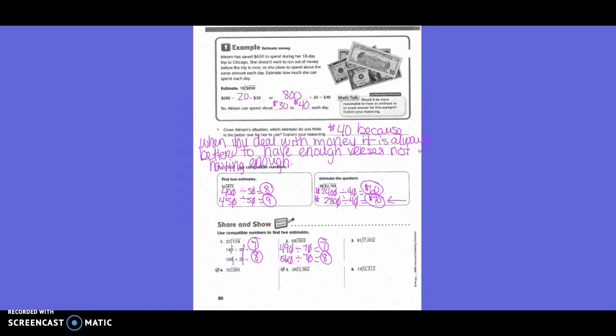Okay, next one, what are we going to have? 82. 80. Okay, what is the multiple of 8 that gets you closest to 70 without going over? 64, right? So we have 6,400 divided by 80.